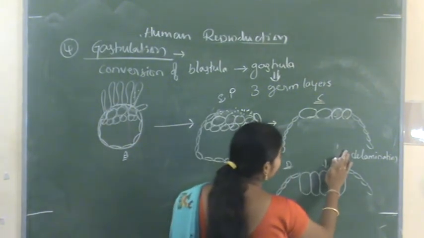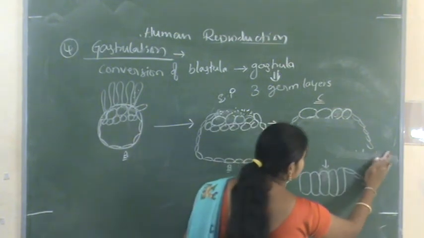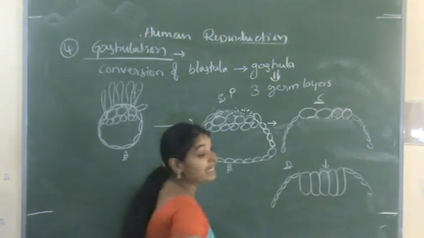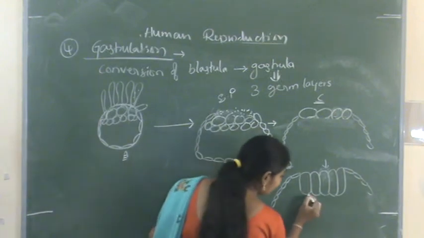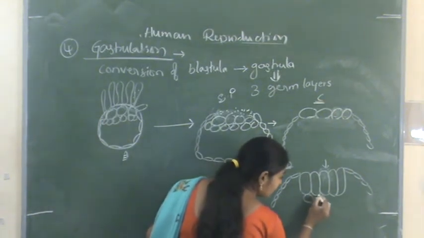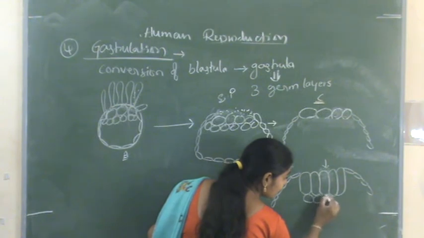Here the discoidal structure has formed in the C stage, and now from this the lower cuboidal cells are formed.